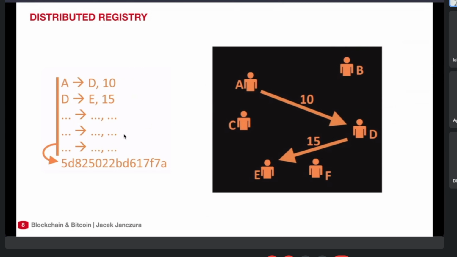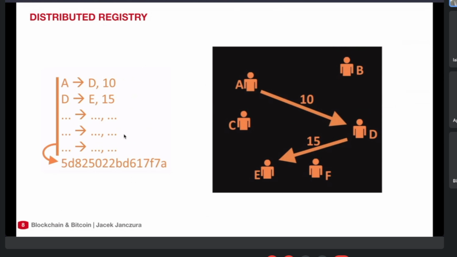Since all of them have the same notebook, they write down all the transactions on the same pieces of paper, which means that at the same time for everyone, this piece of paper will end. Those anarchists are really good at math.